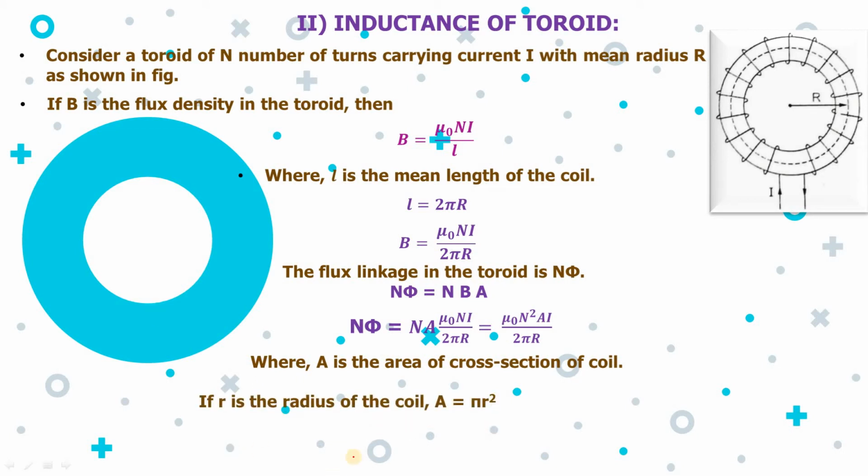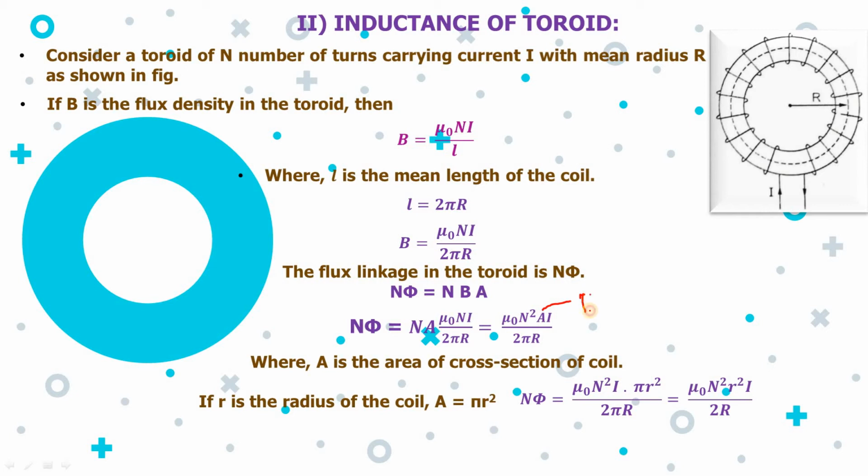If small r is the radius of the coil, therefore the area is nothing but pi r square. So instead of A I can substitute pi r square.